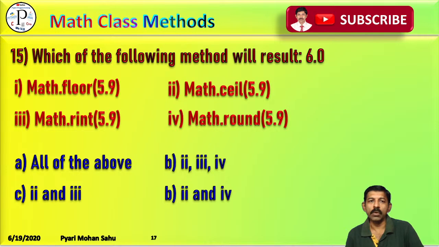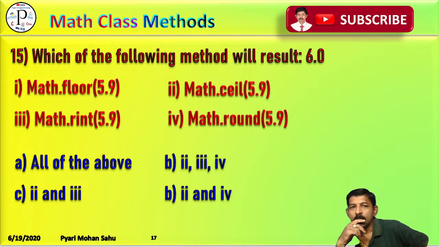B is 2, 3, 4, leaving out the floor. B. B. B, okay.